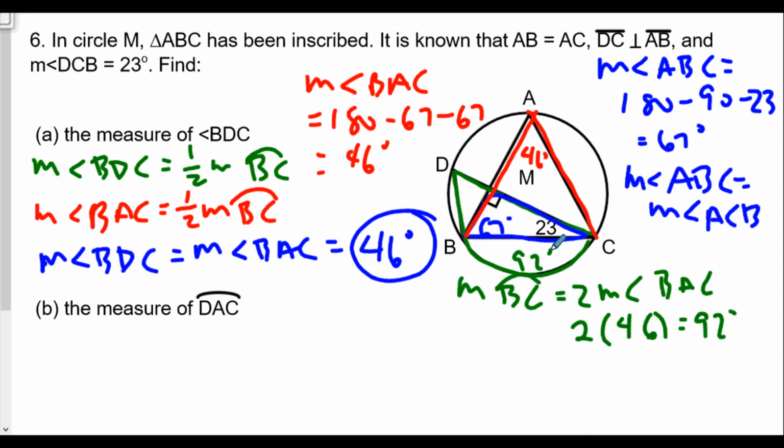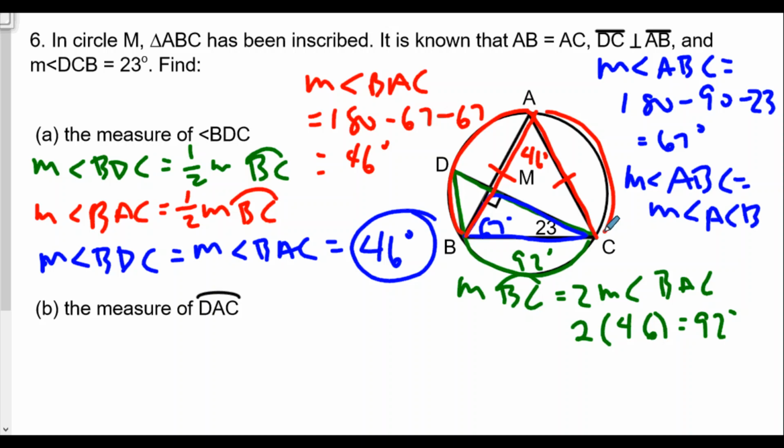Okay. And then we know that since line segment AB and line segment AC are the same measure, then arc AB and arc AC are also equal to each other as well. So to find the measure of DAC, first off, we're going to find the measure of arc AC.